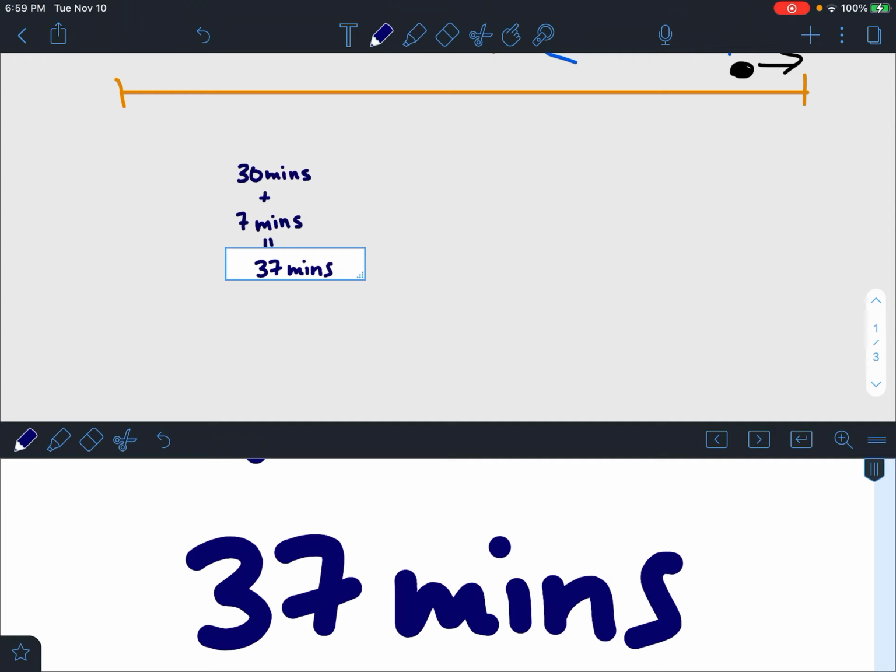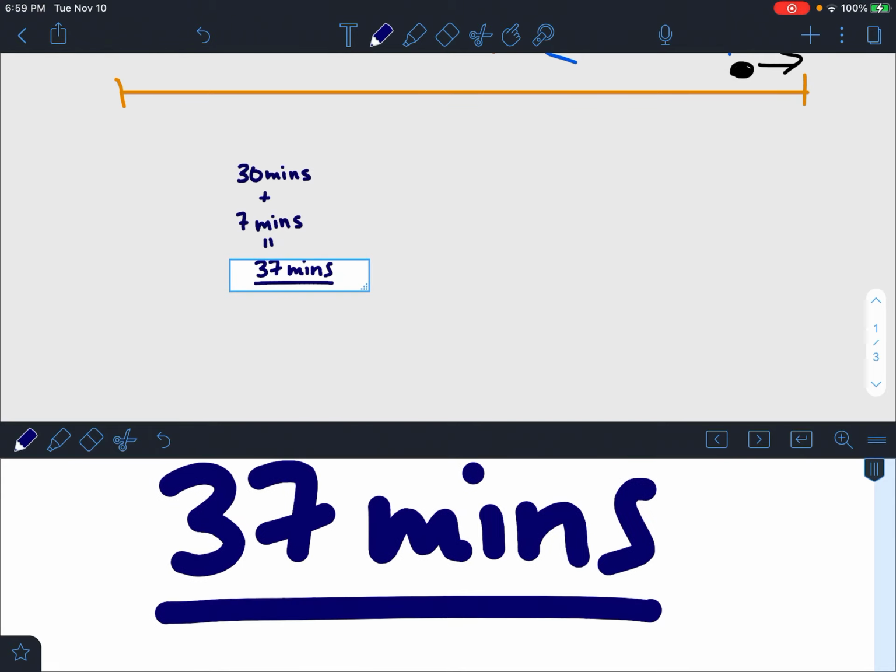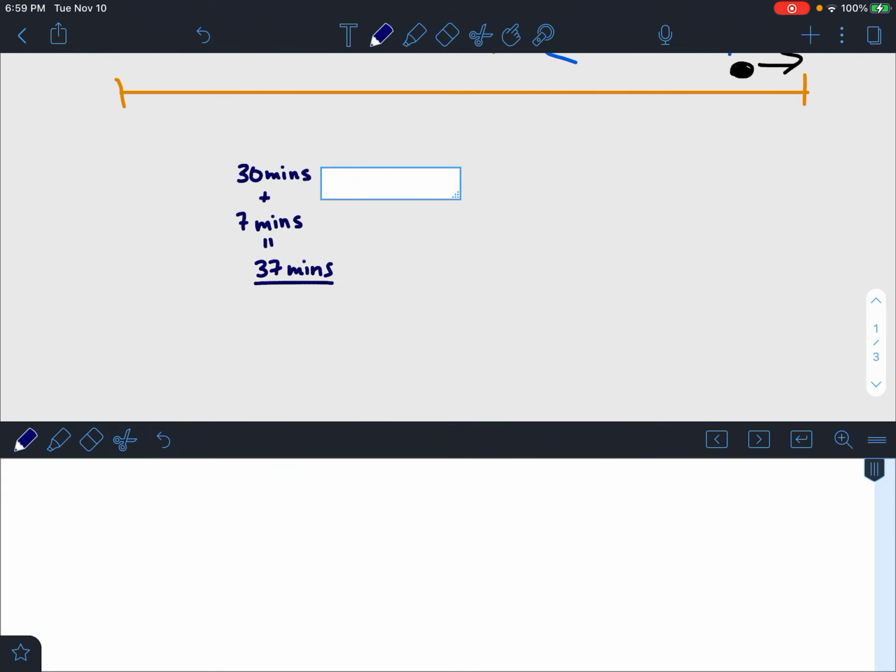So when you get to that starting position, it's going to give you that 7 minutes on. Sometimes it will calculate it for you. Some will even just give you the whole 37 minutes, and some will say, oh, you can save 7 minutes if you take this route, right?